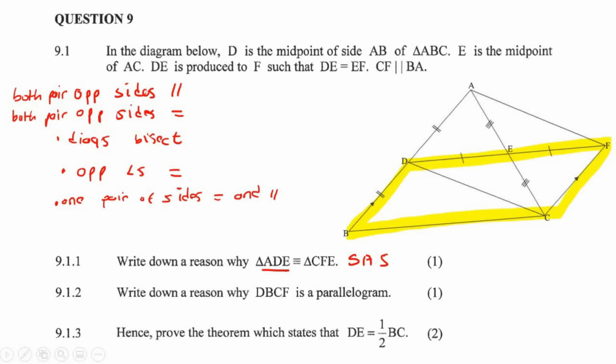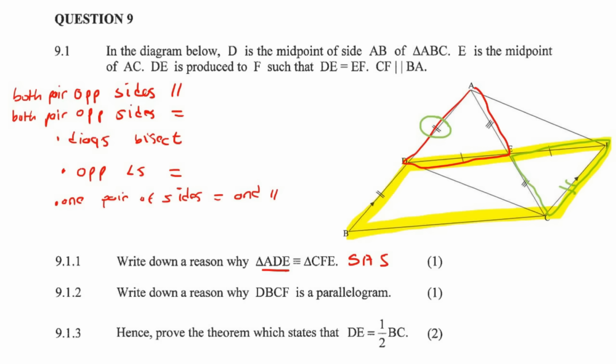Okay, so let's see what we have here. Now, we've just proved that these 2 triangles, this one and this one, are congruent. Remember, congruent means exactly the same. So it means then that this side and this side are the same, so we can make them equal.